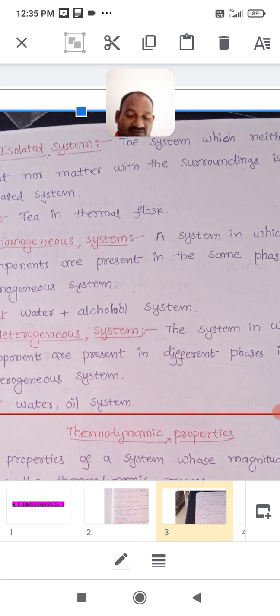Extensive property: the property of the system which depends on the quantity of the material present in it is called an extensive property.